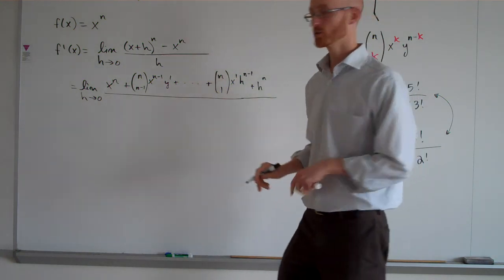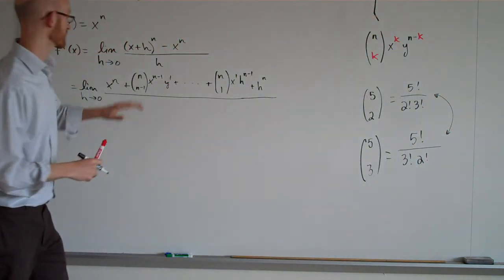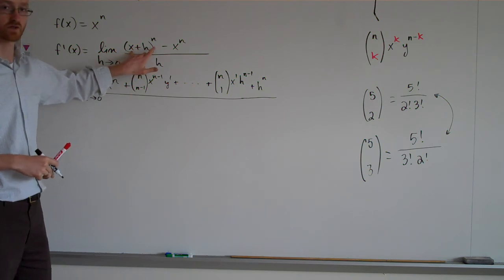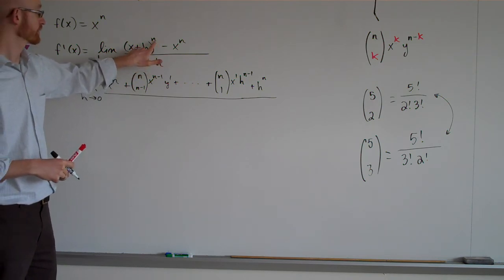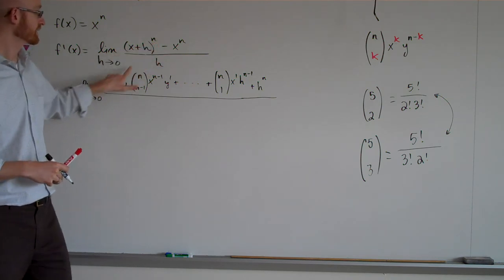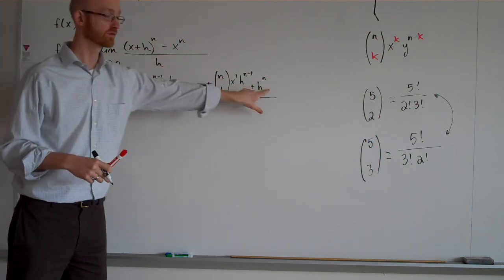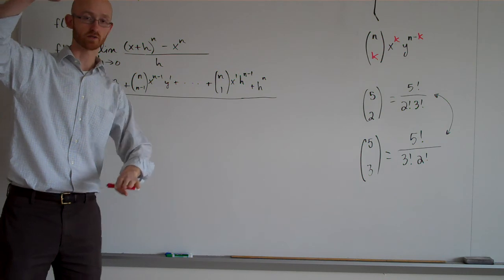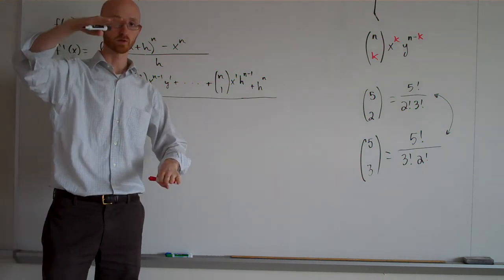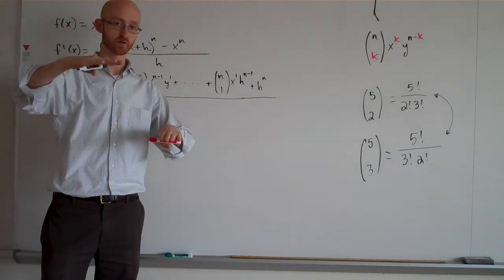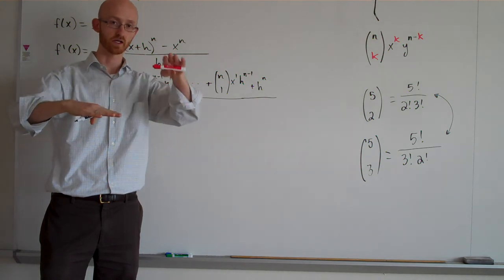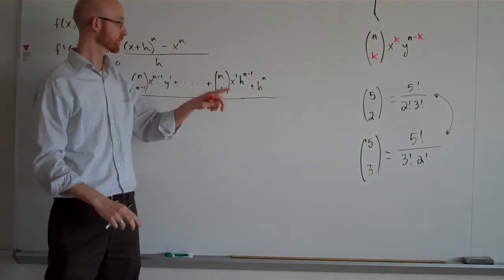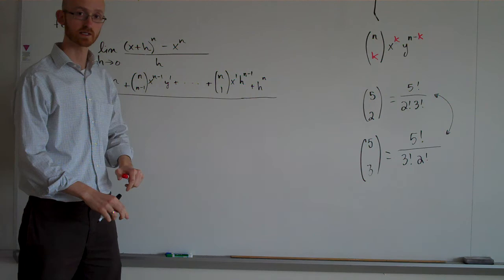So again, the brief summary of the binomial theorem is it starts by considering the first term of your binomial to be fully expanded, and it ends having the second term of your binomial to be fully expanded. So it starts with all x's, no h's, and then lose an x, gain an h. Lose another x, gain an h. Lose another x, gain an h. Until at the very end, you're left with no x's and all h's.